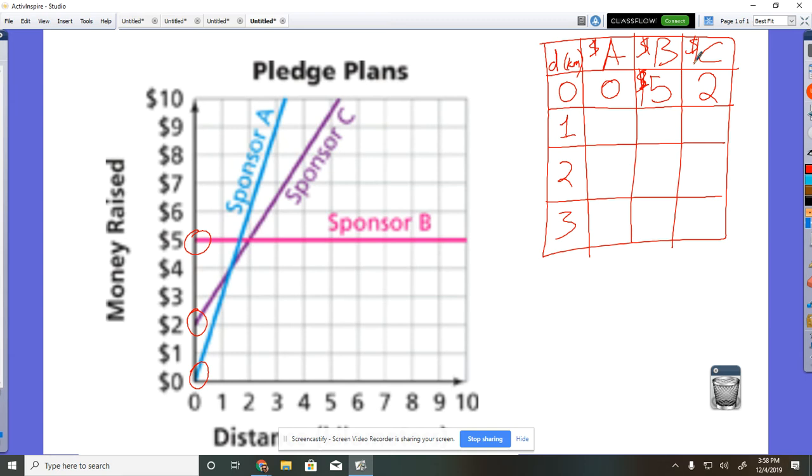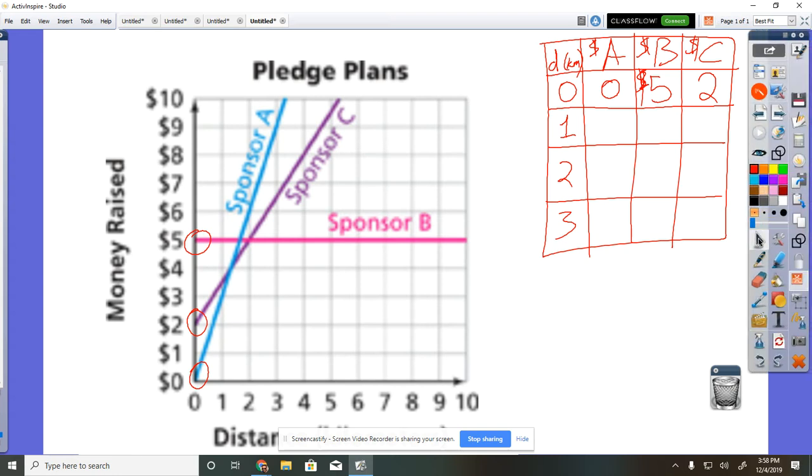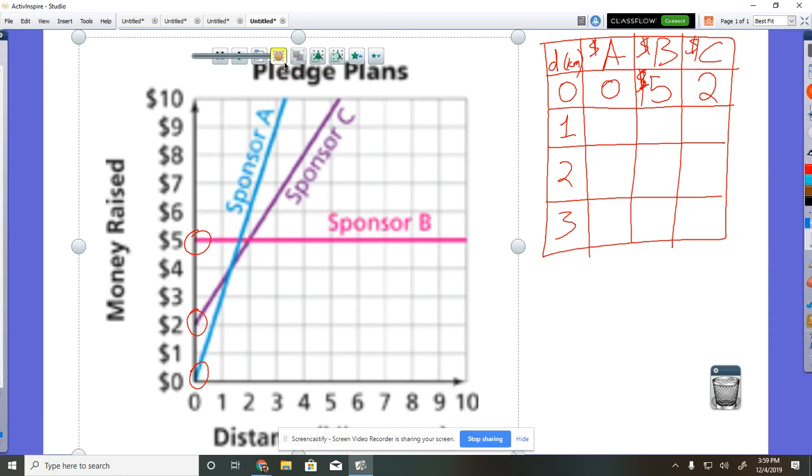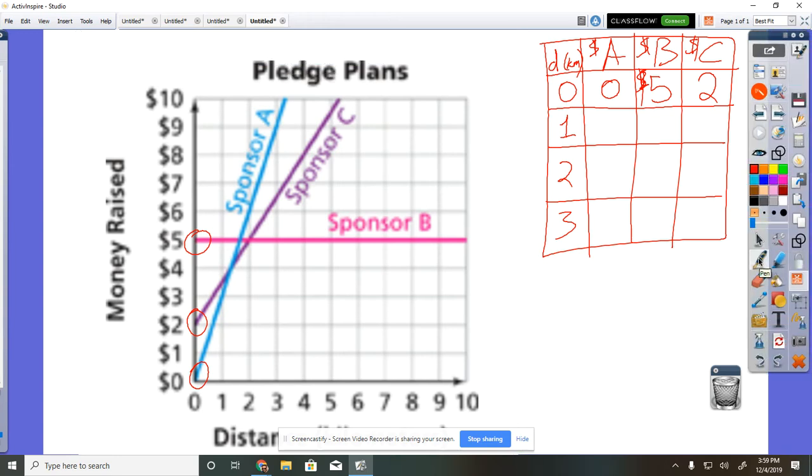Now here's where these lines get a little bit tricky because, hold on one second, I don't think we've got a good picture of what's going on because I don't see any of the lines. For whatever reason, the lines didn't come over in my screenshot, but we can still figure this out. You will see lines in the book.